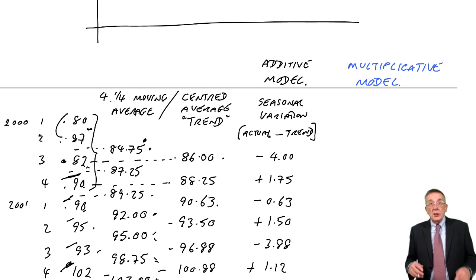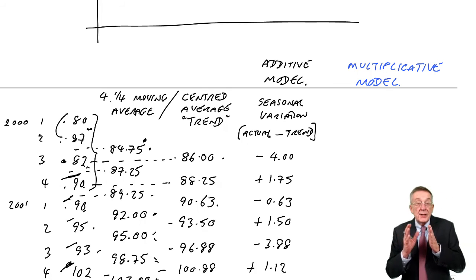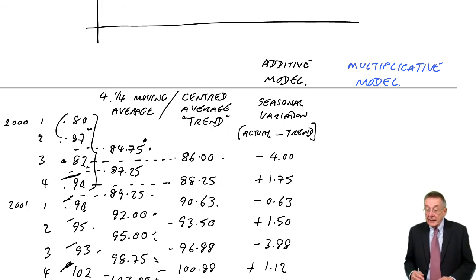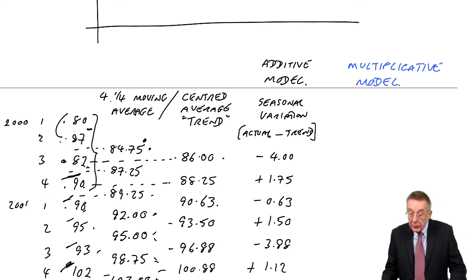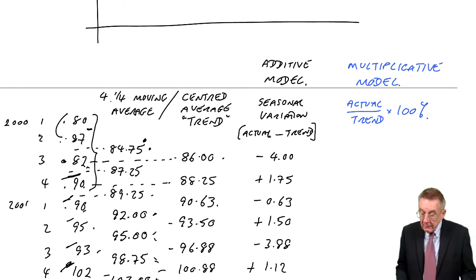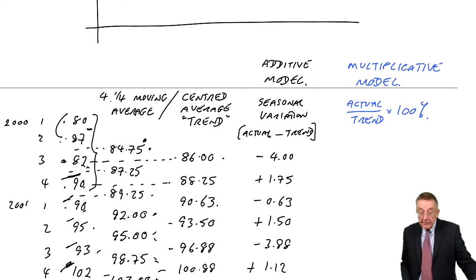And rather than just look at seasonal variations as a difference, actual minus trend, we go through and work out actual as a percent of trend. And so let's run through and see what I mean.